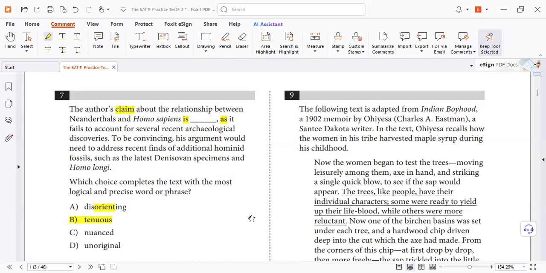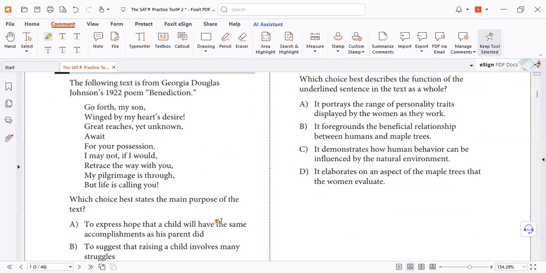So the test maker challenges your vocab. Here, nuanced means subtle, accurate. It's the opposite. How? He said fails. So how can the claim be nuanced? So letter C is opposite. And of course, letter D, we're not talking about whether it's original or not. That's why. Letter B. Yeah.